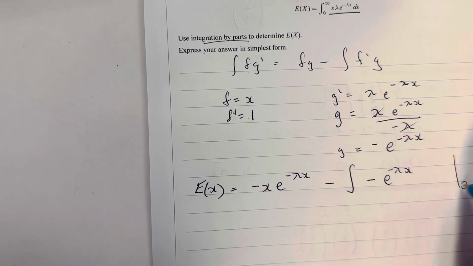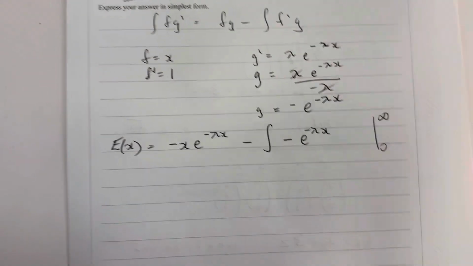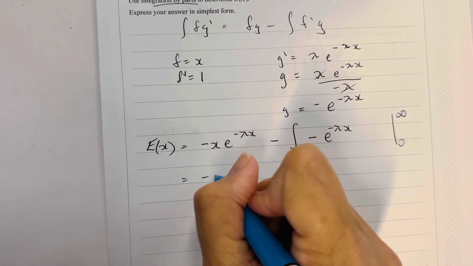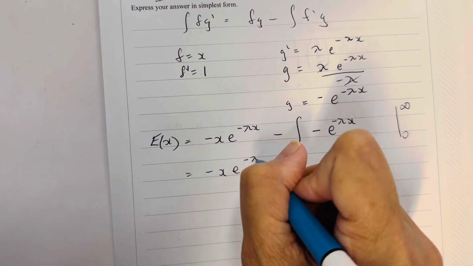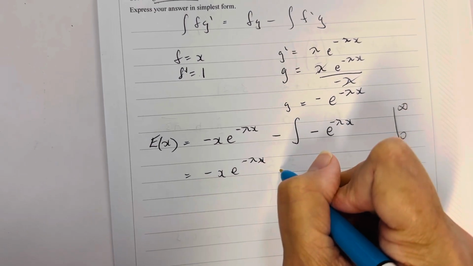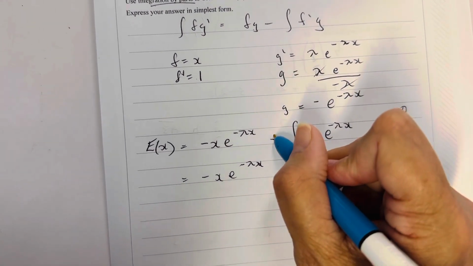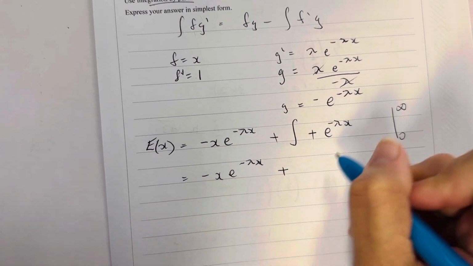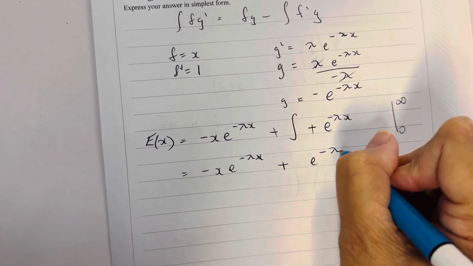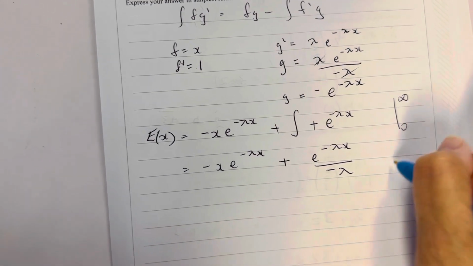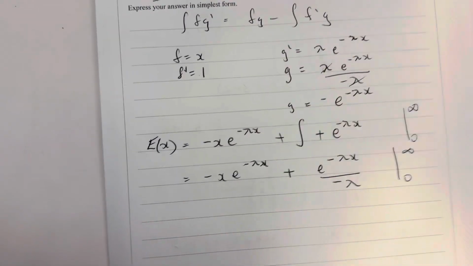And this whole thing is between 0 and infinity, so that's our definite integral. Negative x e to the negative lambda x. We integrate this. Now, this and this will cancel to make that a plus e to the negative lambda x on negative lambda between 0 and infinity.